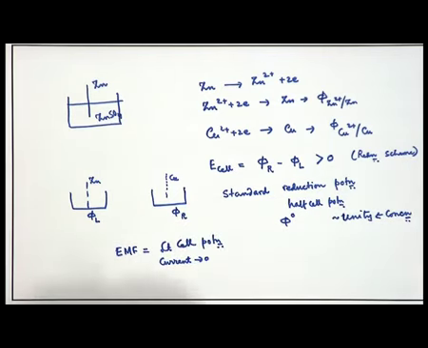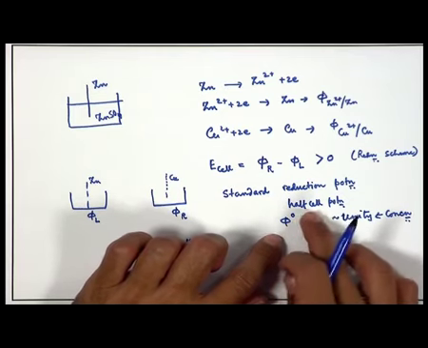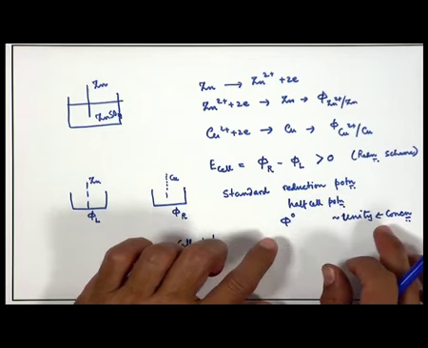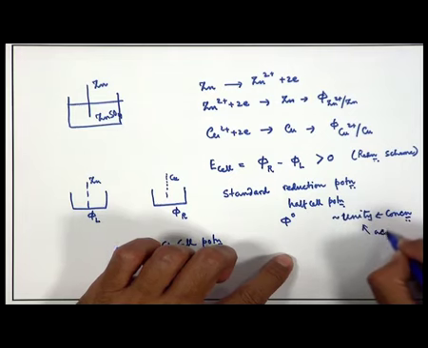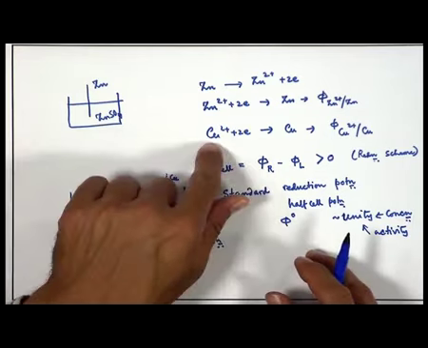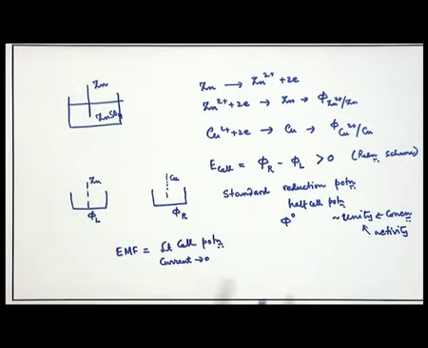Another thing we have come across is the standard reduction potential, when the concentration, or the activity, of the constituent ion is unity. That is the ion with respect to which the electrode is reversible, like this one is reversible with respect to copper 2 plus, and this one with respect to zinc 2 plus.